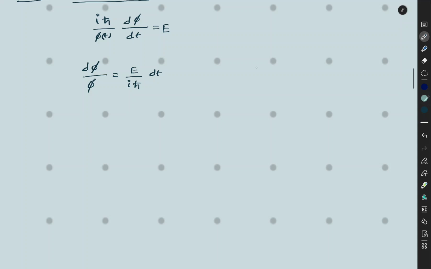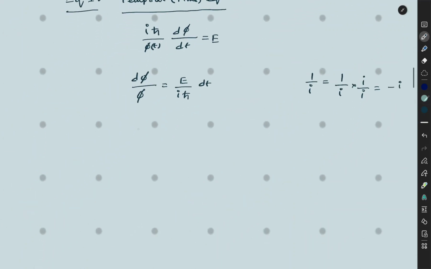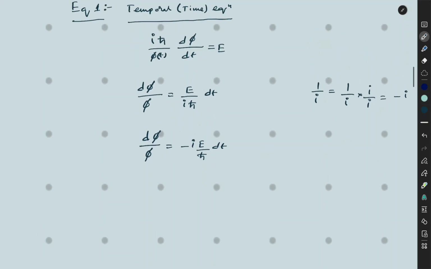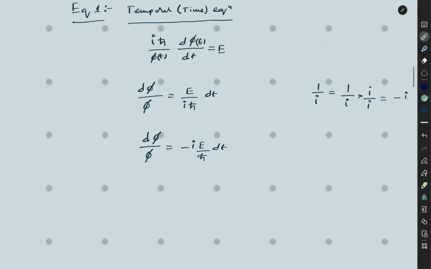Now we know that 1 by iota equals 1 by iota into iota by iota, which is equal to minus iota. So we will use this over here. So d phi by phi equals minus iota E by h cut and then dt. So what we get as phi of t, let us write this as phi of t.